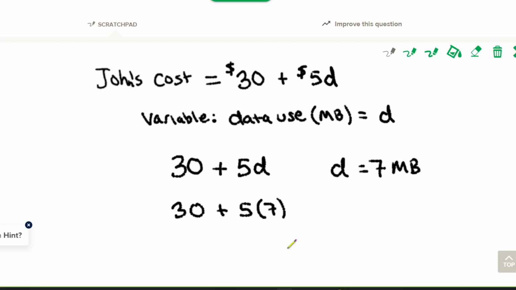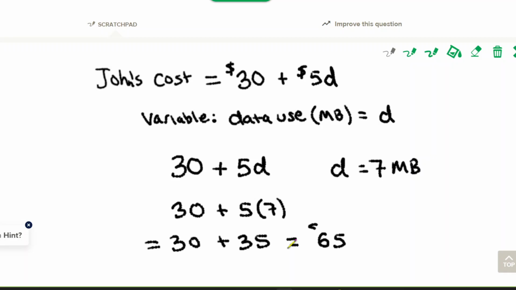And we simplify this expression. Remember we're doing multiplication before addition, so I'm going to do 5 times 7. Each megabyte's $5, there are 7 of them. That's $35 total. So I've got 30 plus 35 for the total cost that month.